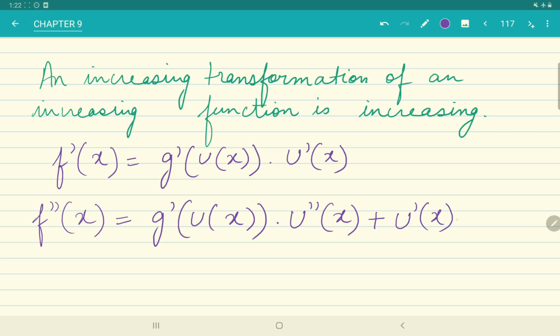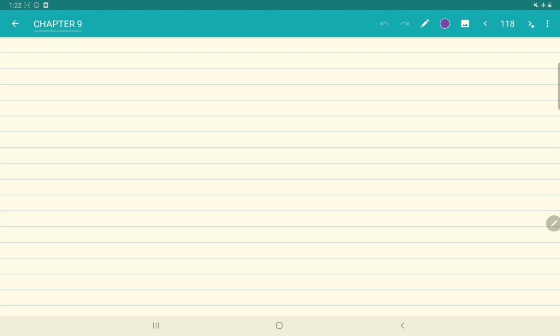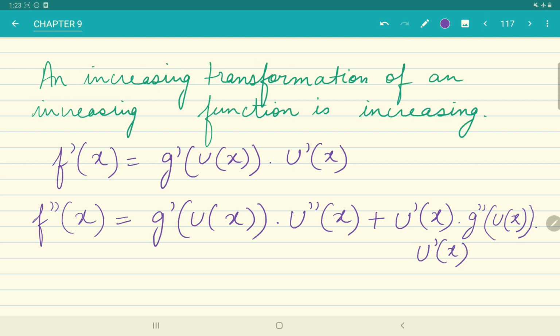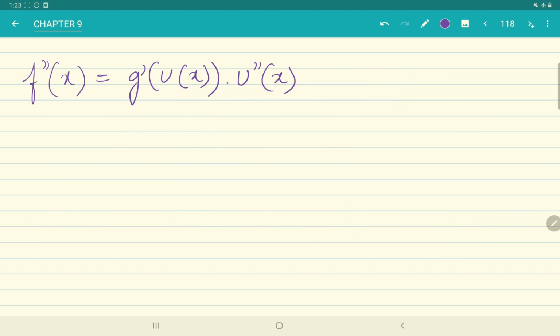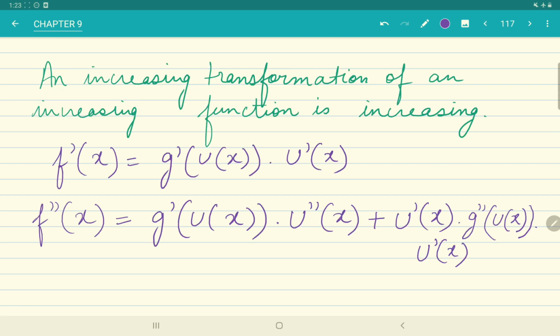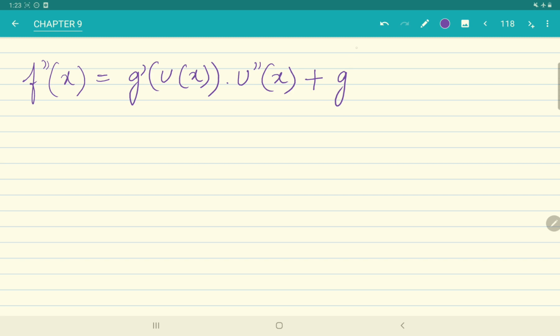And for that let me write g double prime u of x u prime x, and that just gives us f double prime x equal to g prime u of x u double prime x plus g double prime u of x u prime x, and that is squared.